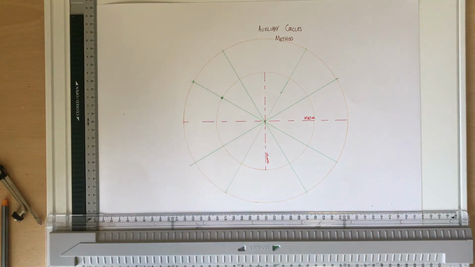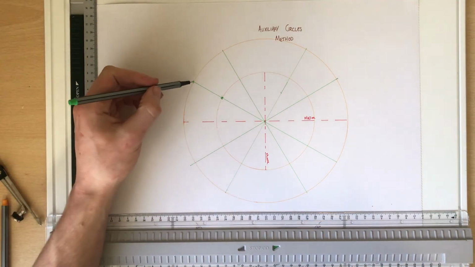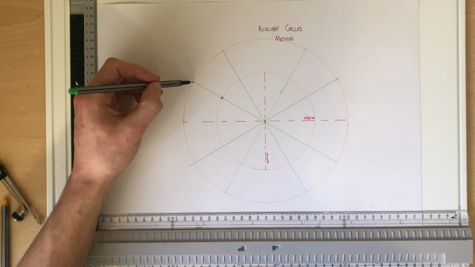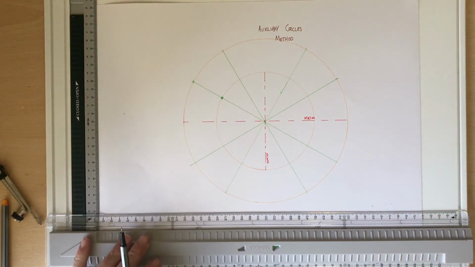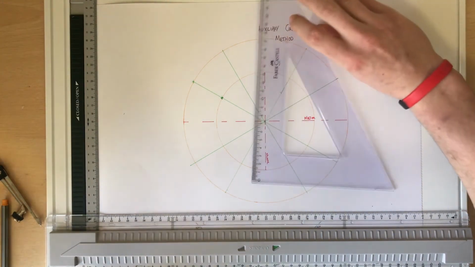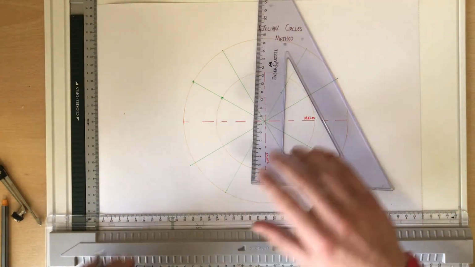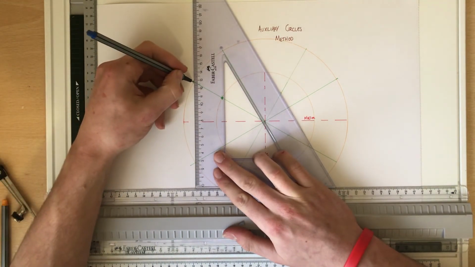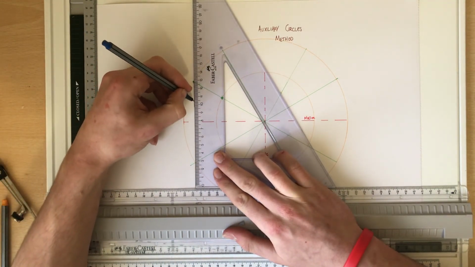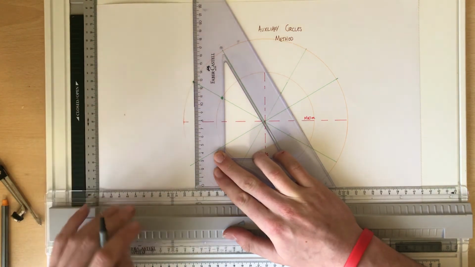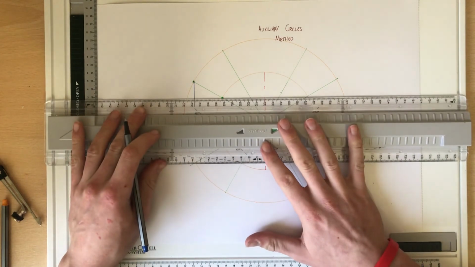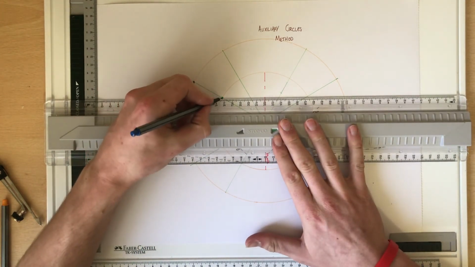So to find the point that lies on the ellipse, it has something to do with both these points. What we have to do is bring a vertical line from where it cuts the major auxiliary circle. So we bring this down, and now we're going to bring a horizontal line from where it cuts the minor auxiliary circle.